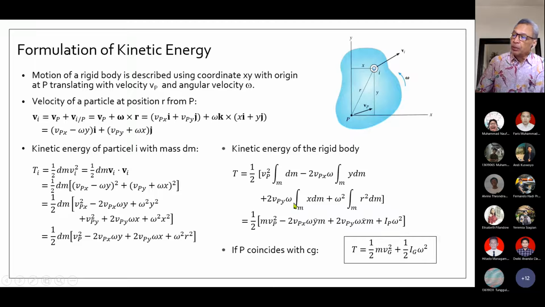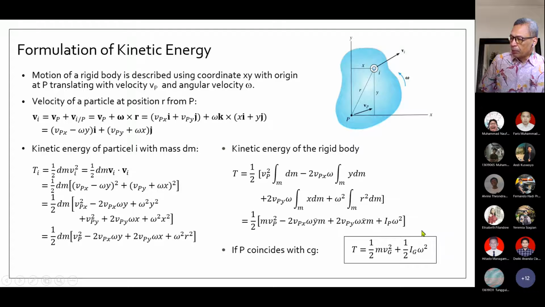However, if we use a special point in our rigid body, the center of mass, then the formulation of the kinetic energy becomes simpler. The kinetic energy equals half m, the mass of the rigid body, multiplied by the velocity at the center of mass squared, plus half Ig, the mass moment of inertia about G, multiplied by the angular velocity of that rigid body squared.